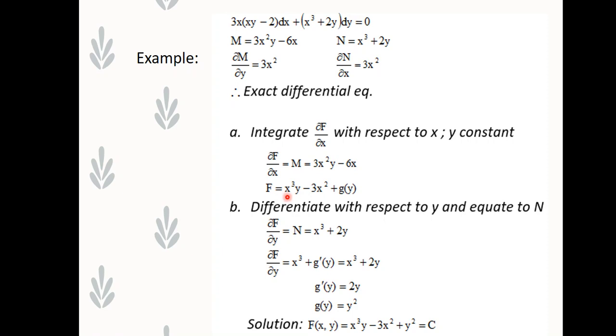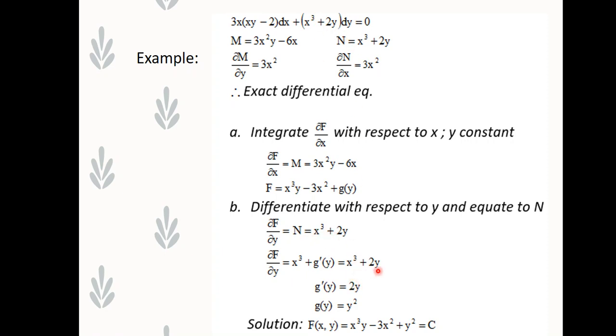So, if you differentiate, that would be x cubed because y is your constant, and this will be 0 because x is a constant. And of course, the derivative of g of y with respect to y is the g prime of y. Okay? So, after integrating your f with respect to x, you will differentiate this with respect to y. Partially differentiate specifically. And this is your answer. And then you equate it with the n that you have in here.